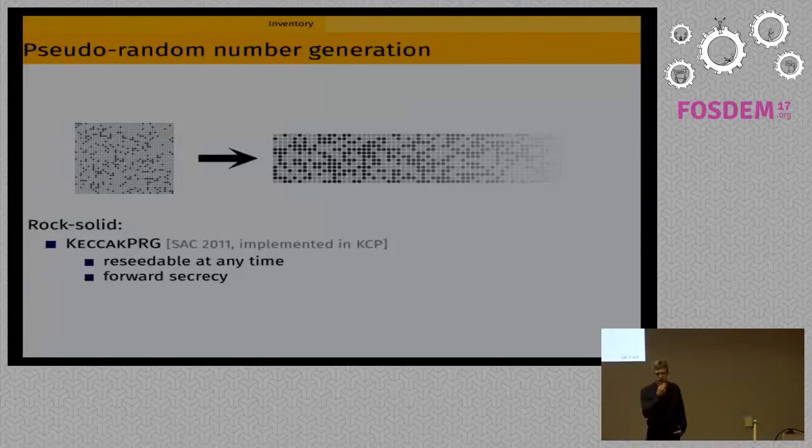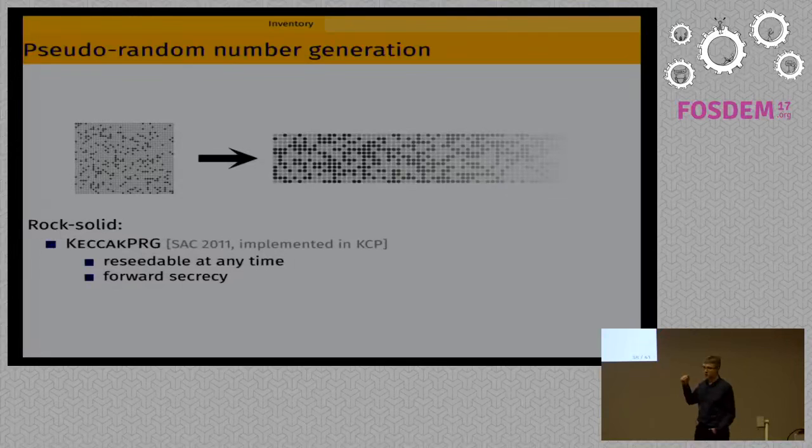Then something I didn't mention explicitly, but another useful unkeyed application of hash functions, is pseudo-random number generation. The purpose of a PRNG is this: if you have some random bits at the input, but these bits are not well balanced, maybe in this case clearly there is a bias, and you want to turn that into a sequence of bits that really look random, uniformly distributed, then the PRNG can do that.